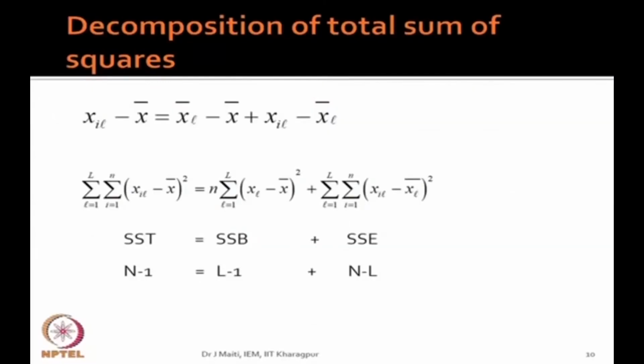You see here, the sum over L equal to 1 to L, I equal to 1 to n of XIL minus X bar square, this is the sum of squares total. We have already seen the other one, n into the sum over L equal to 1 to L of XL bar minus X bar square. This is the variability from the grand mean to the individual population means.